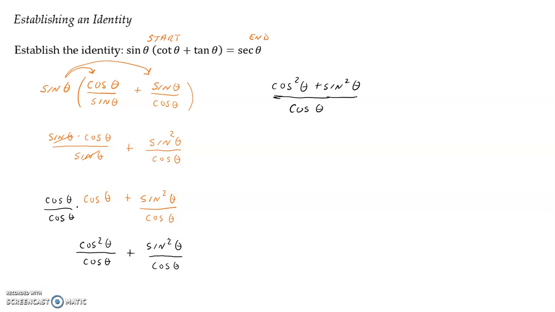That numerator can be replaced with a 1, because cosine squared theta plus sine squared theta equals 1. So I'm going to get 1 over cosine theta, and I can rewrite this as secant of theta, which is where I wanted to end based on the problem that we started with. So we have proved this identity, right? We proved that the left side, which is where we started, equals the right side.